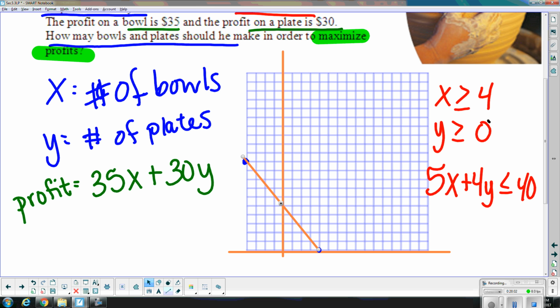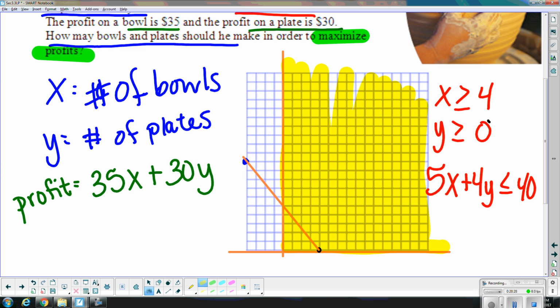Okay, now I have to actually identify it because I didn't do any shading as I went through this, and I should have. But x is greater than or equal to 4. So that's this area for my first constraint. Y is greater than or equal to 0.